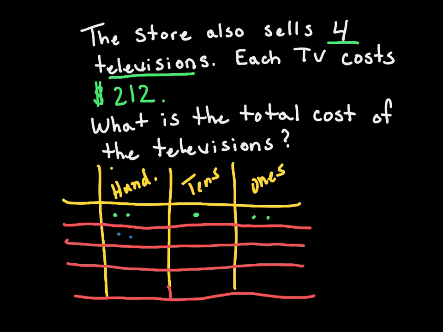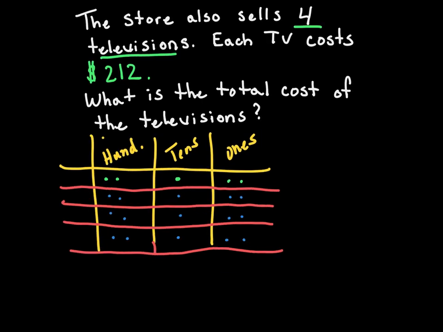How many do we have in the hundreds? 2, 4, 6, 8. We have 8 hundreds. How many do we have in the tens? 1, 2, 3, 4. How many do we have in the ones? 2, 4, 6, 8. $848.